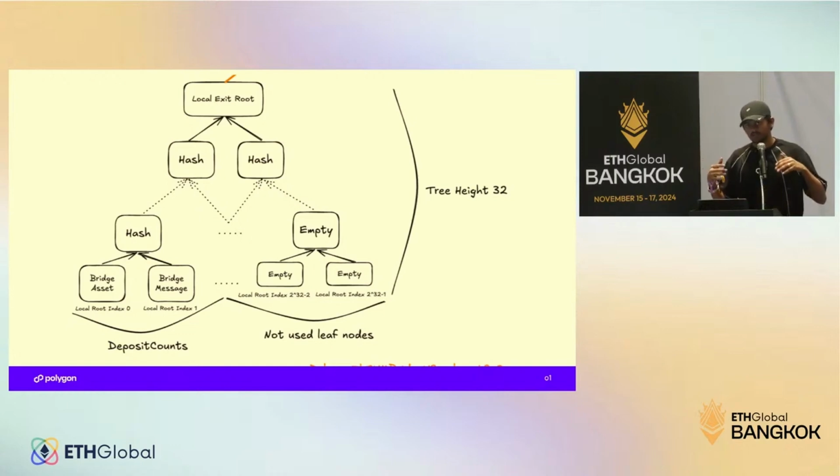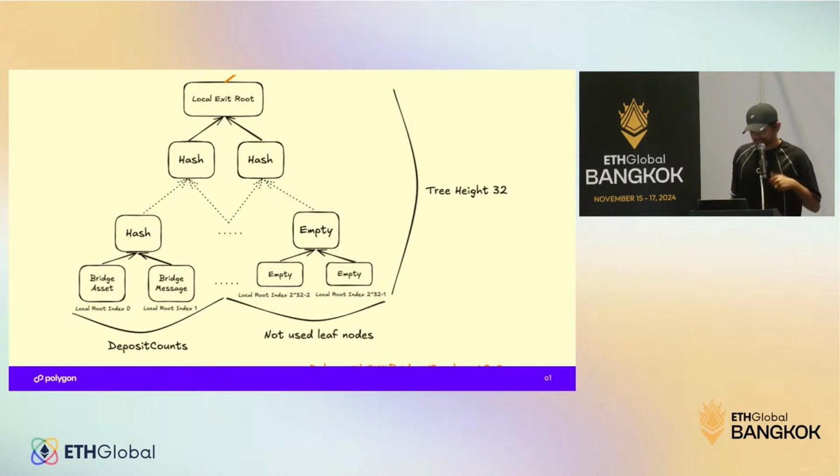This is how exactly you will verify that your asset is being bridged from L2s to other L2s or just from L1 to L2. So as soon as you bridge your asset, it will be added as a leaf node to the Merkle tree of the local exit root tree, and it will update the local exit root as soon as a new bridge asset leaf node has been added.